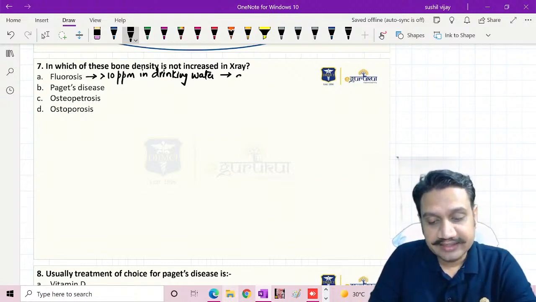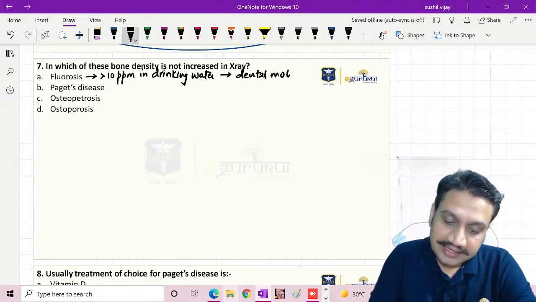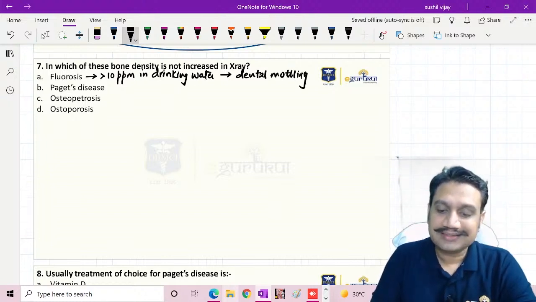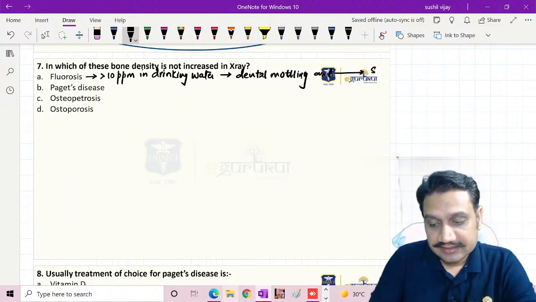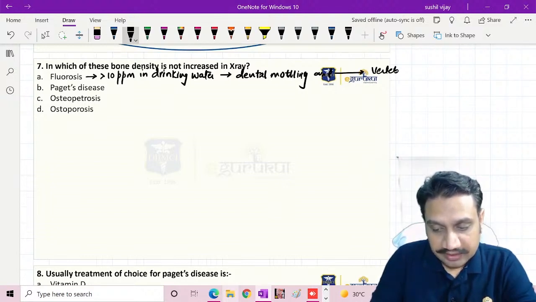And when the fluoride content is increased, it can damage the teeth very well, and that is what you call dental mottling. And the second thing is skeletal, you can say vertebral calcification, right?